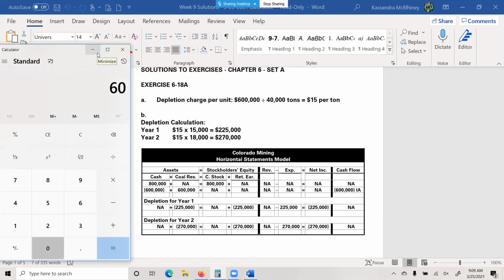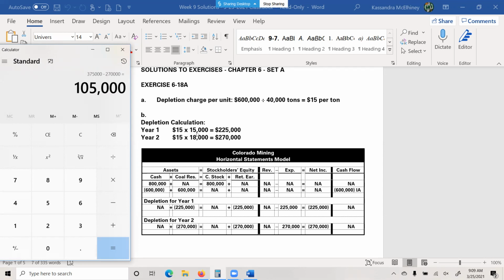If we were to calculate the balance of our coal reserves account for our year two balance sheet, we would start with the $600,000 cost, subtract year one depletion and year two. So on the 12/31 year two balance sheet, we would show coal reserves at $105,000, which is net of the 2 years of depletion.